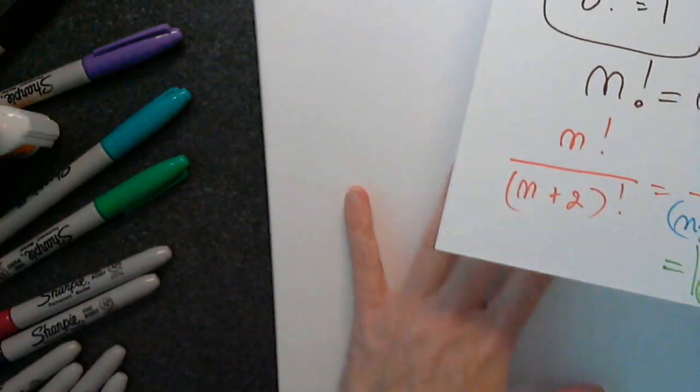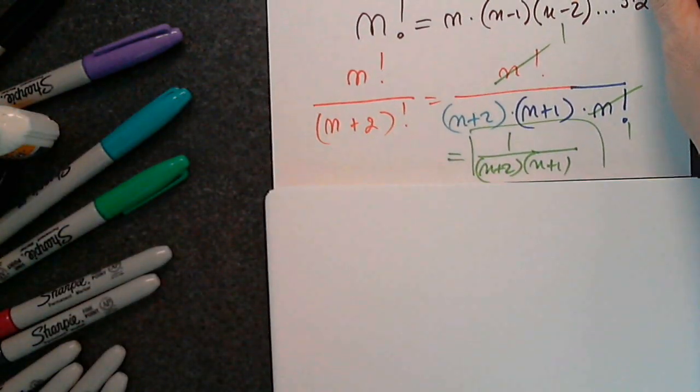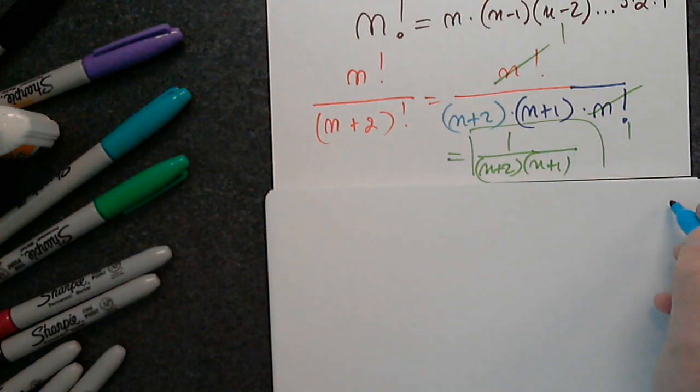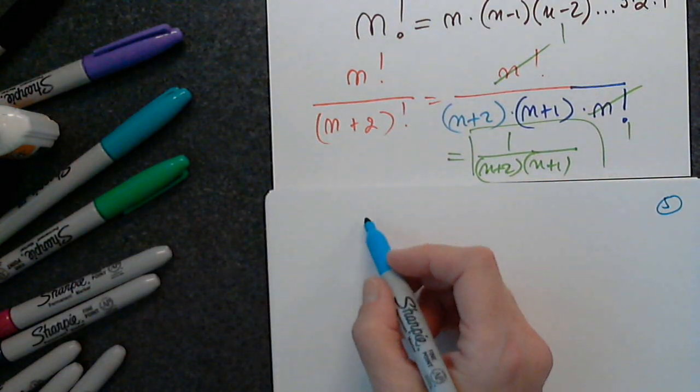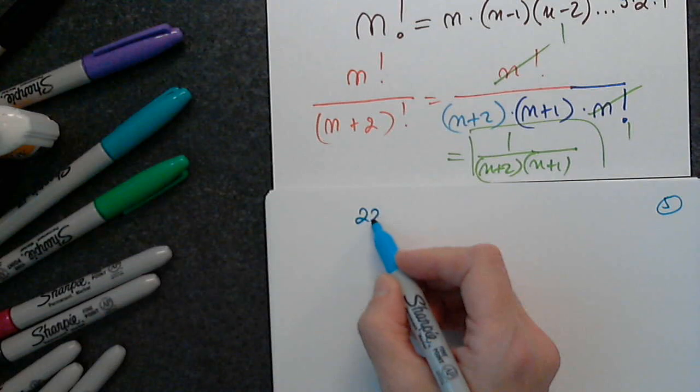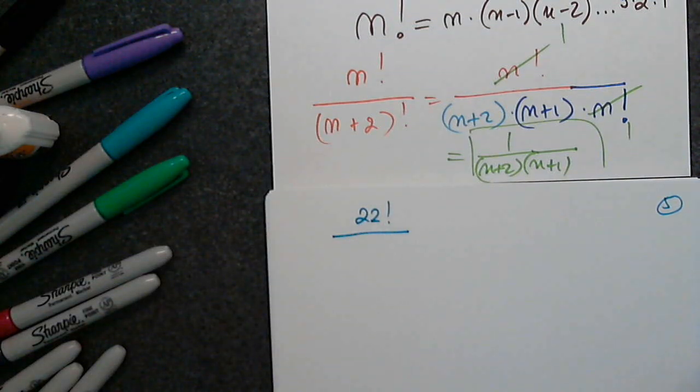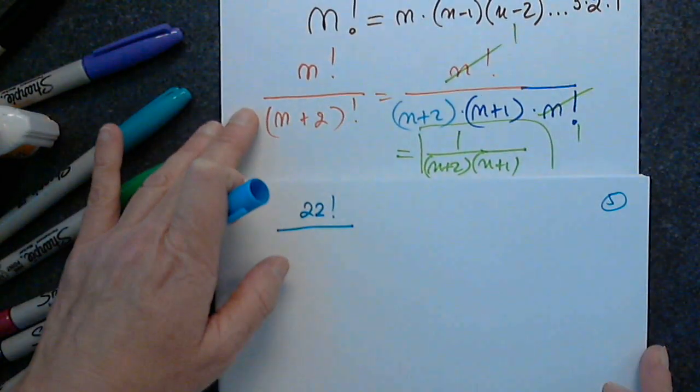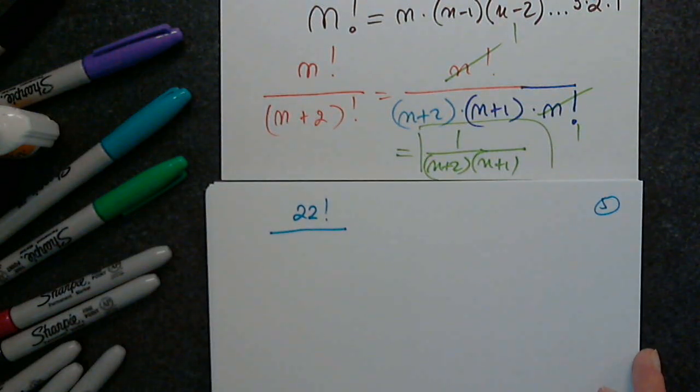Let's look at another situation. Let's say I have 22 factorial divided by 16 factorial. This time, and I'd like to show you how to find this in the graphing calculator as well, I have a numerical expression with factorial.